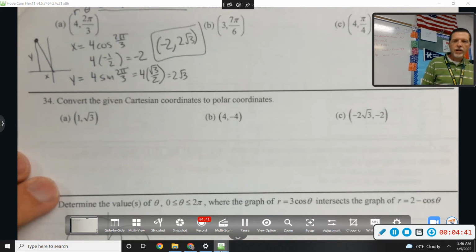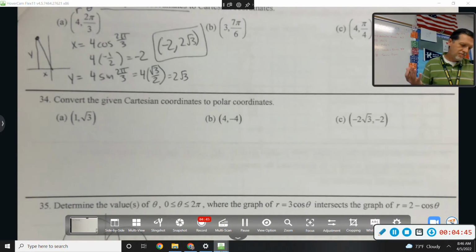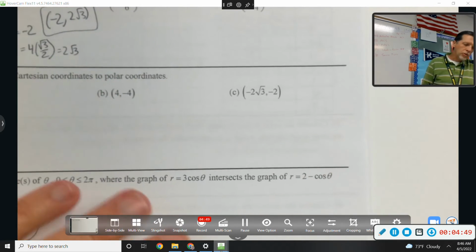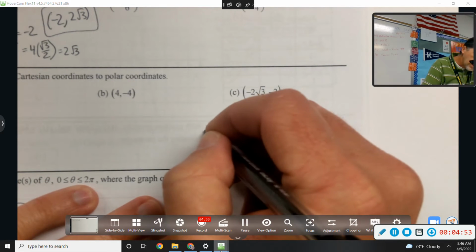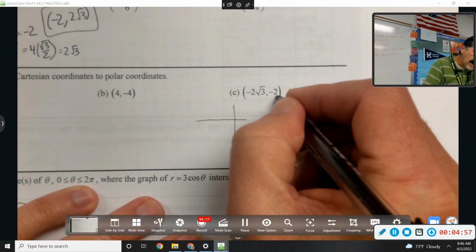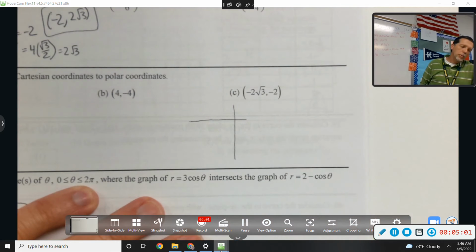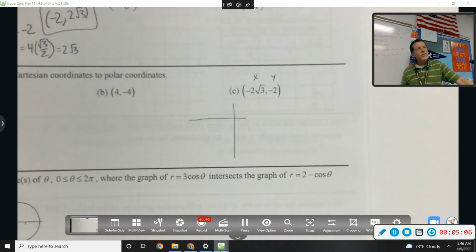On 34, you got a preference on A, B, or C? C it is. C's probably the most difficult. Numbers are weirdest. They're both negative. Let's see. So I'm going to go backwards negative 2 root 3 and down negative 2. It would help me if I knew which one of those numbers was bigger, because then my graph would be a little more to scale.